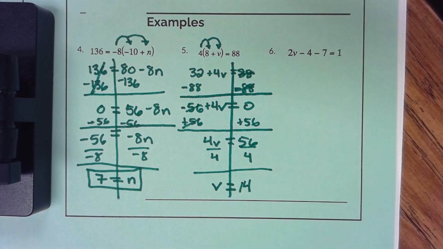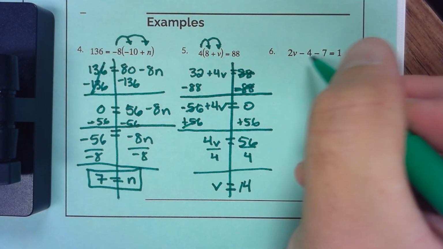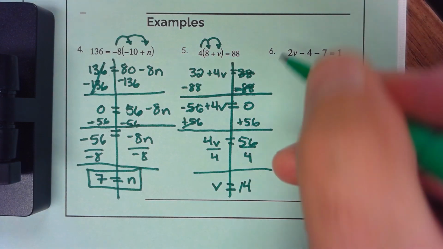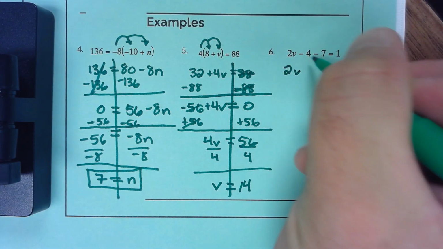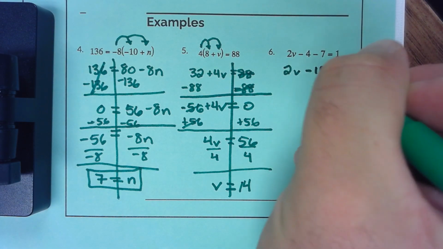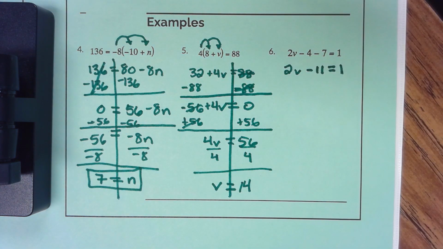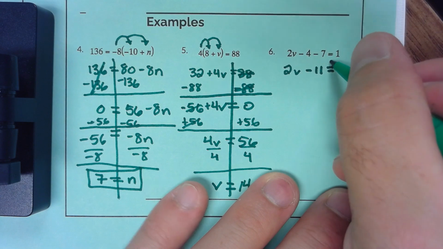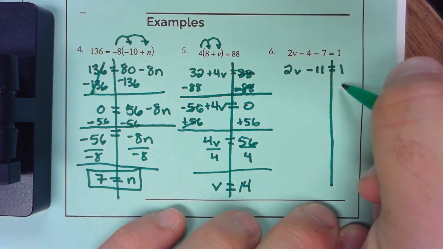Okay, last one we'll do together. These numbers, negative 4 and negative 7, those are like terms. They technically have the same variable, which means no variable in this case. And then they have the same exponent, so those are like terms. So negative 4 minus 7 is negative 11, and it equals 1. And now I can go ahead and start solving and getting the right side to be 0.